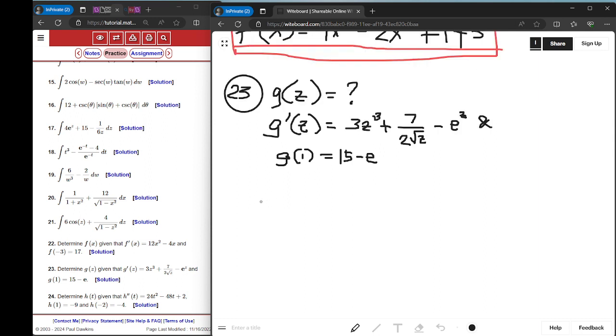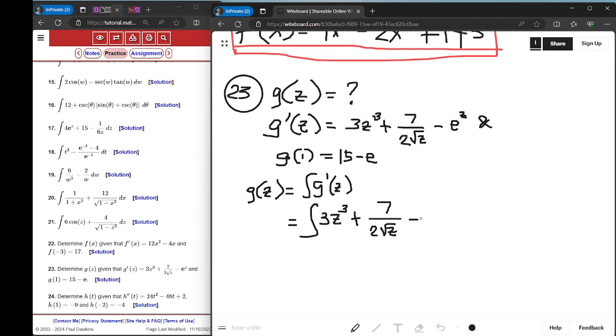First, we need to integrate again to get g of z. We need to integrate g prime of z. And that's the integral of 3z cubed plus 7 over 2 square root of z minus e to the z dz.